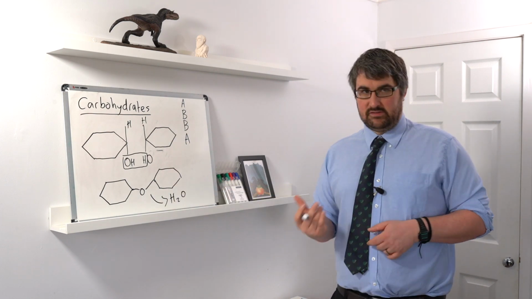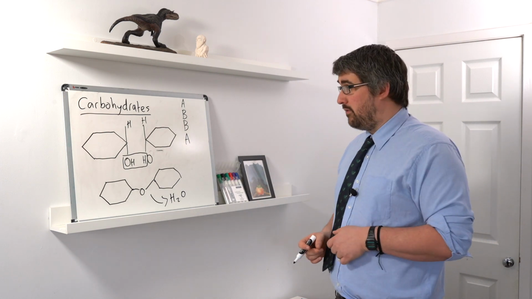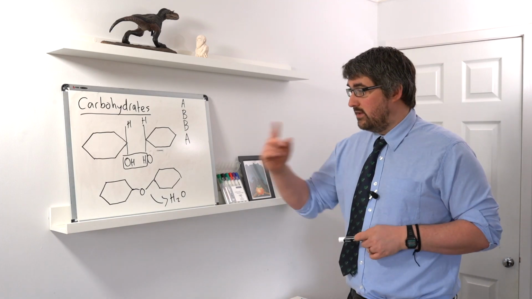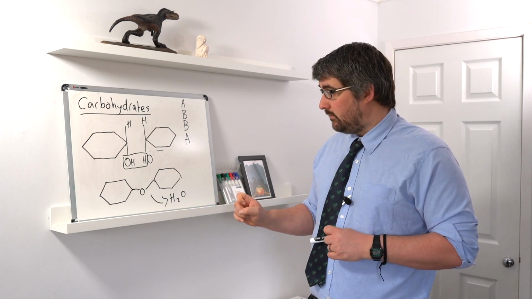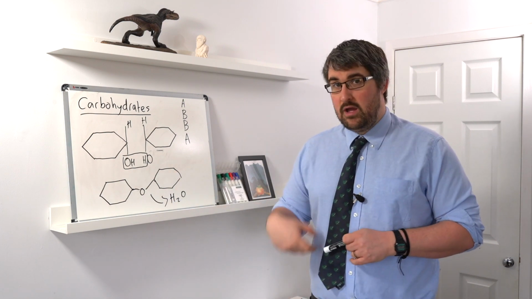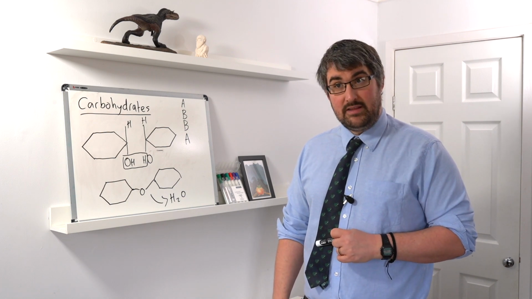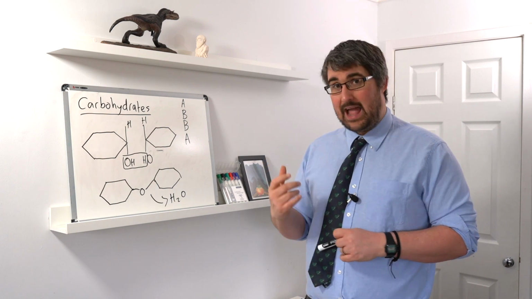So that is a condensation reaction forming a glycosidic bond, more specifically a 1,4 glycosidic bond, because it's carbon 1 to carbon 4. So here we can see I've formed a new disaccharide with two alpha glucose, which would be in this case maltose. The other two disaccharides that you need to know are sucrose and lactose, which is found in milk.